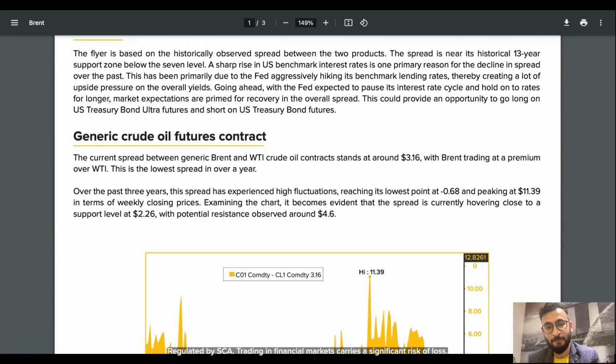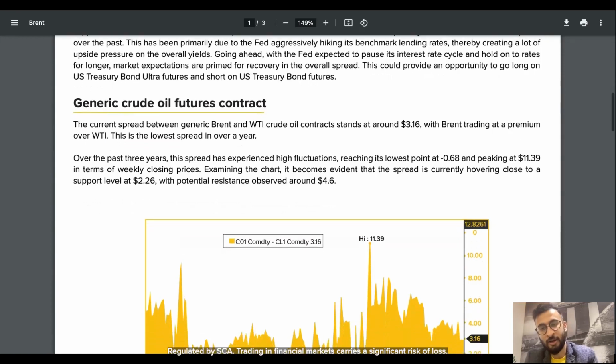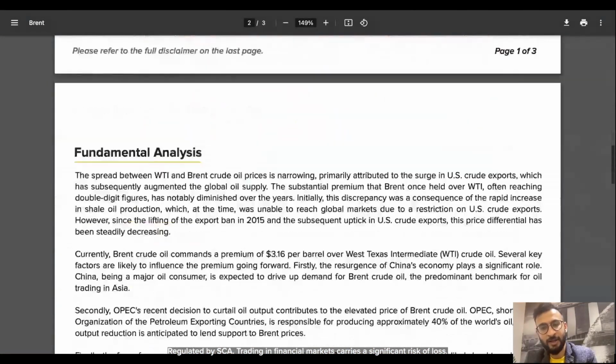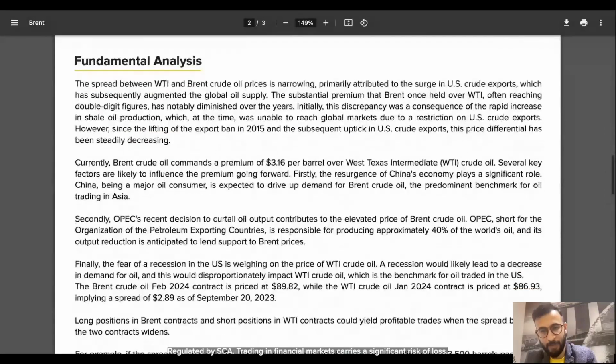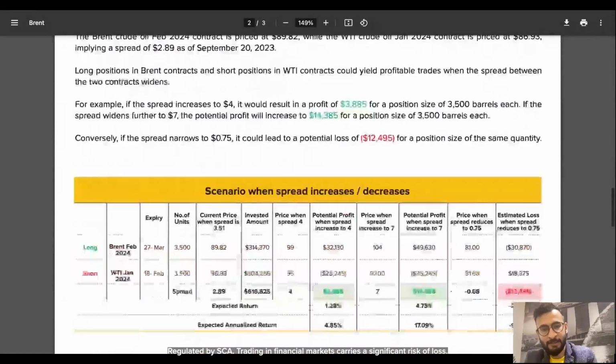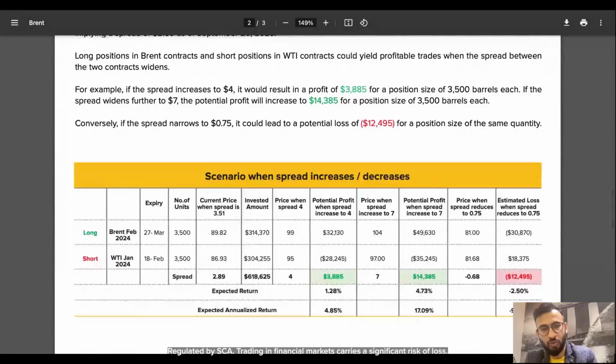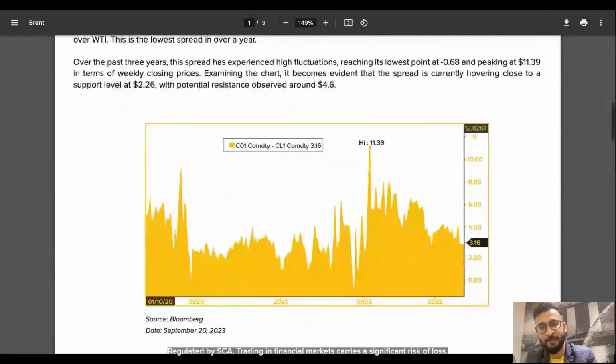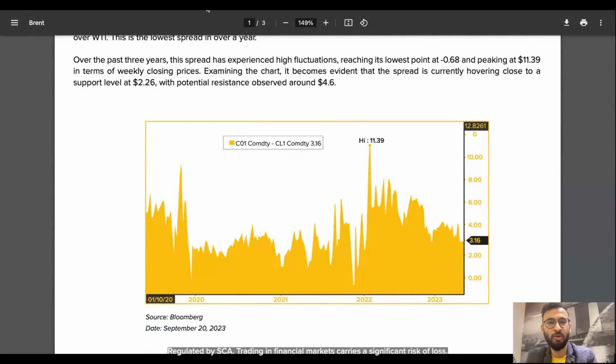Now, when we see the chart, it's around $2.2, $2.3, right? And it is expected that it might go higher. The idea is to take advantage, and if we expect that the price difference between both the oils will go higher, we buy Brent oil, which is expensive, and we short sell WTI, which is less expensive.